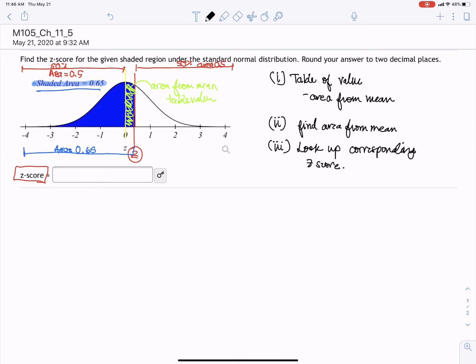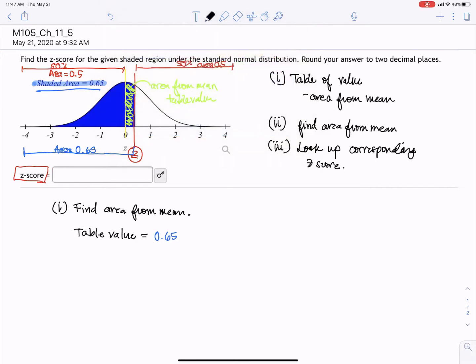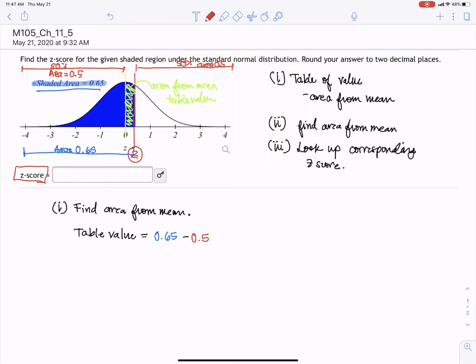Okay, so let's do that. The first step we want to do is find the area from the mean. So the table value that we're going to look up is going to be equal to the bigger area of 0.65 minus the lower half area, which is 0.5.